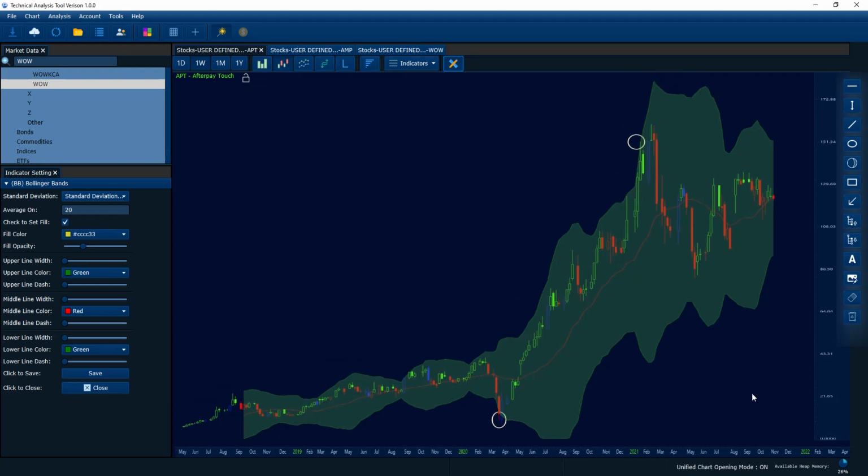Okay, so why this matters is the Bollinger Bands can help you identify those kinds of situations. When the price breaches out of the lower band or upper band, it means this particular share is extremely oversold here or overbought here.